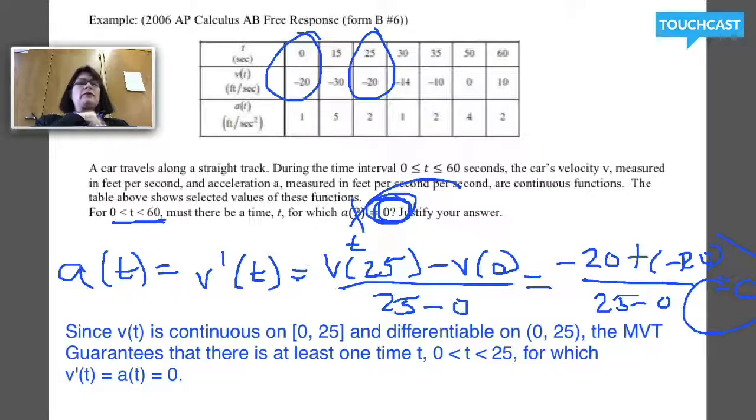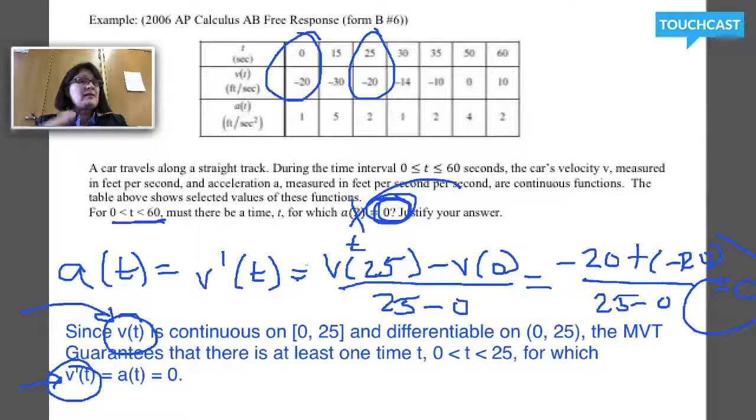Other things to notice here: this is us applying the mean value theorem to the function v. And the mean value theorem tells us that if that function, in this case v, is continuous and differentiable and so on, then it tells us something about the existence of a special value of v prime.